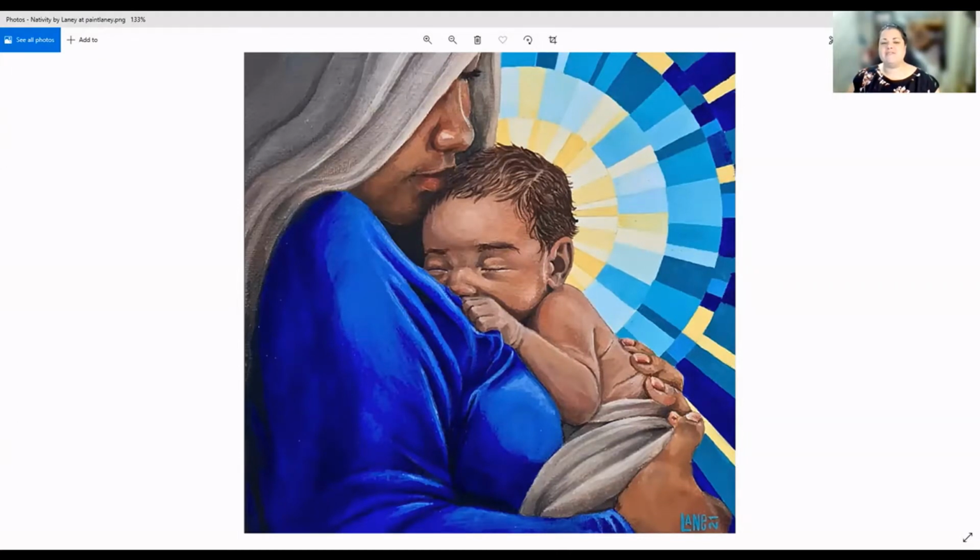Okay, open your eyes and focus on that part of the image that you're first drawn to. Just gaze upon it for a moment or two.